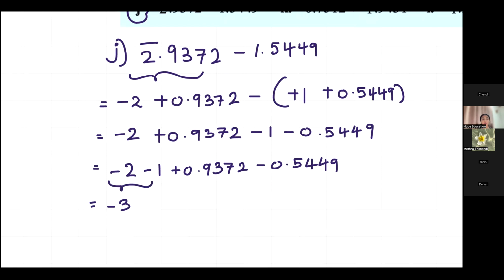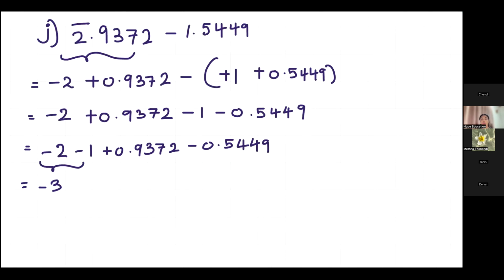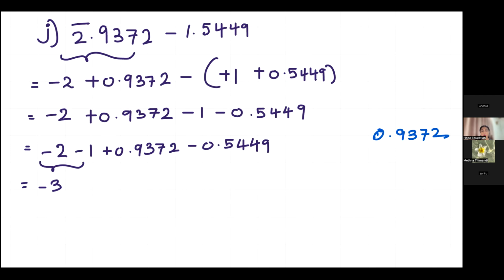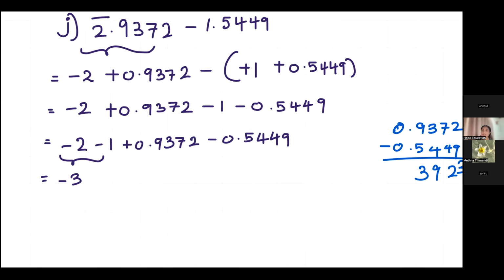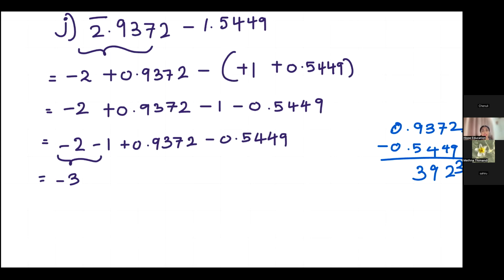For the mantissa, we have 0.9372 subtract 0.5449. 12 minus 9 is 3, 7 minus 1 is 6, 6 minus 4 is 2, 13 minus 4 is 9, 9 minus 1 is 8, 8 minus 5 is 3. So simplifying the mantissa, we get plus 0.3923.